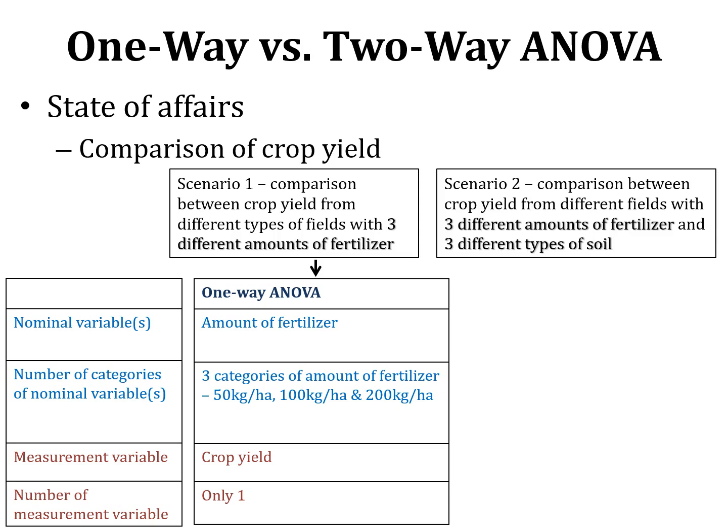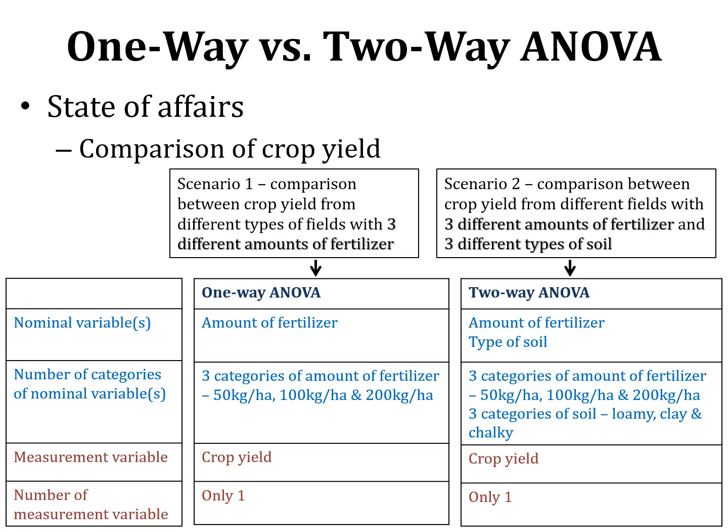Then in scenario 2, we want to have a comparison between crop yield from different fields with 3 different amounts of fertilizers and 3 different types of soil. Because we have 2 types of nominal variables, we are going to apply two-way ANOVA. What are these 2 nominal variables? Number 1 is the amount of fertilizer, and the other one is the type of soil, right? So these are the 2 predictor variables, or the 2 nominal variables.